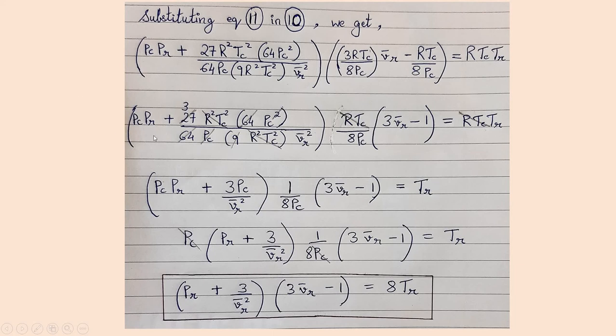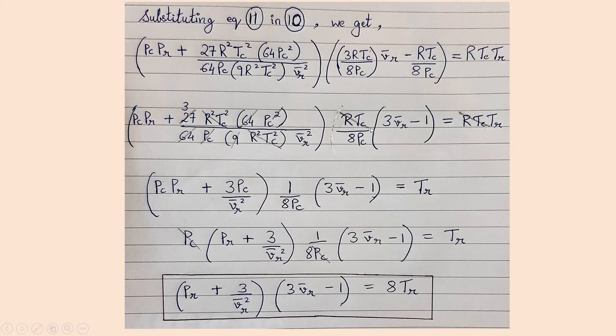Now we need to simplify the equation and get it in the reduced form. I first cancelled 9 with 27 to obtain 3. The R square TC square will get cancelled, same with 64, and one of the PC in the denominator will get cancelled with one of the PC in the numerator, so the power reduces from 2 to 1.